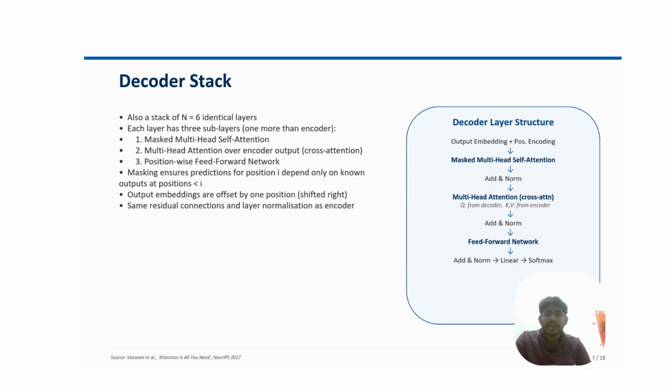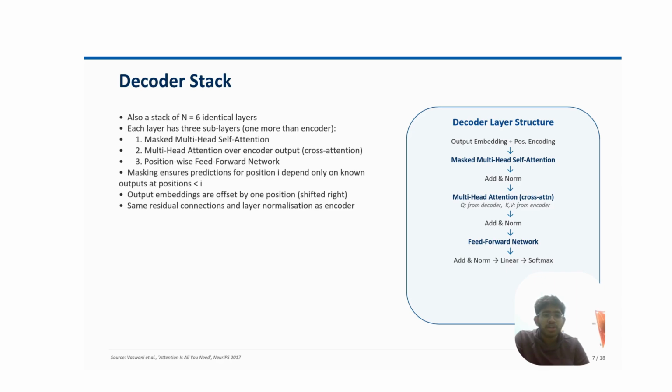The decoder in the transformer is also composed of multiple identical layers, but it contains an additional attention mechanism compared to the encoder. Each layer consists of three subcomponents: masked multi-head self-attention, encoder-decoder attention, and a feed-forward neural network. The masked self-attention ensures that the model does not attend to future tokens, thereby preserving the autoregressive property required for sequence generation.